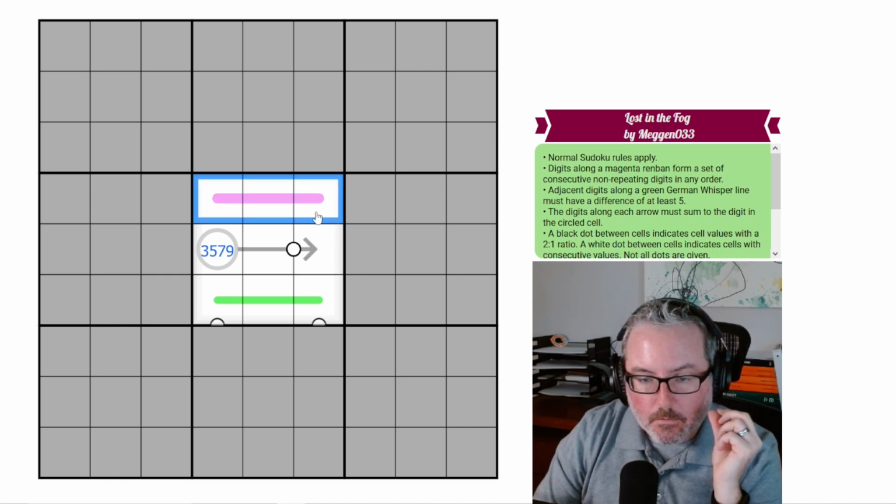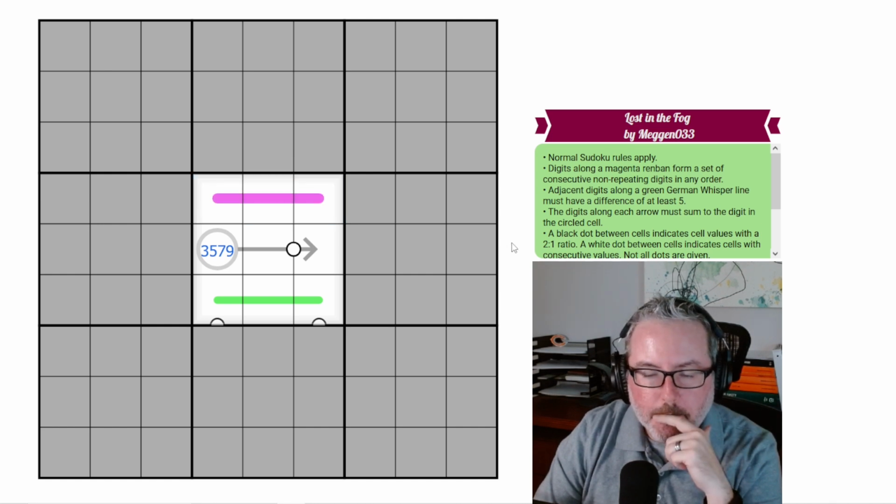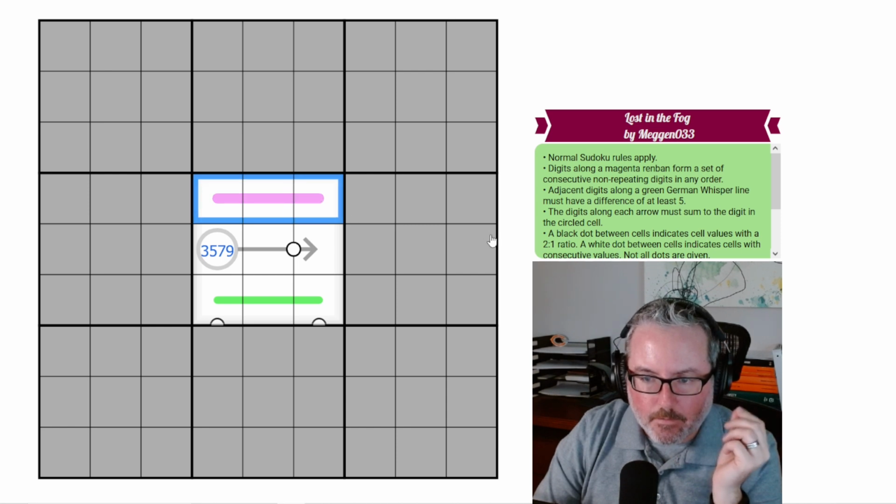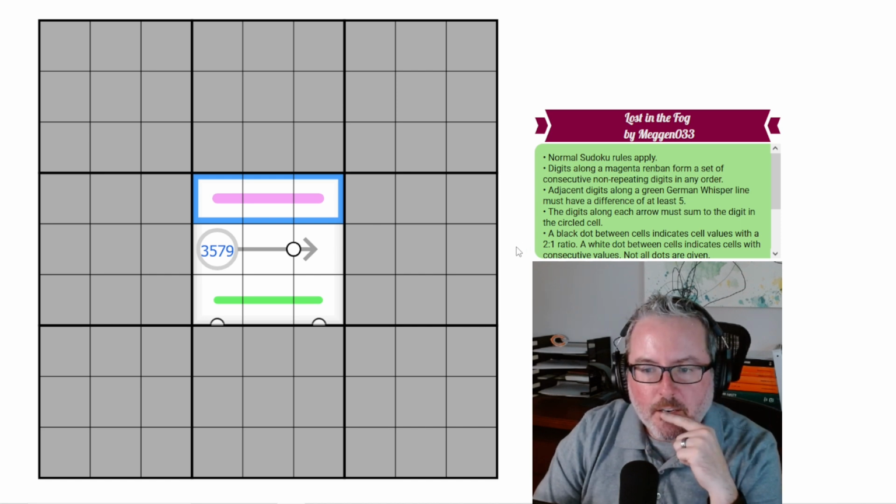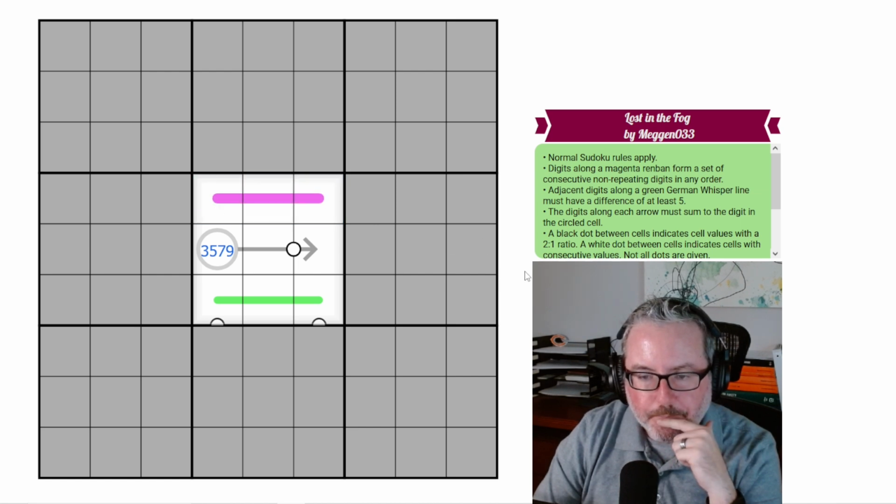So we're kind of reducing what can actually go in some of these places. Although, once we get into 3, 4, and 5, we might be losing our ability to continue to reduce what can go in this.